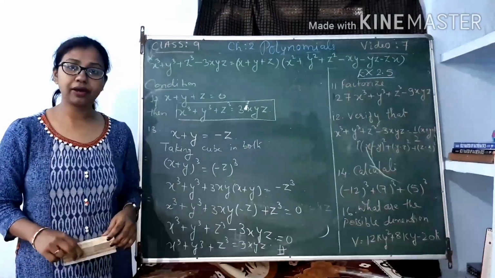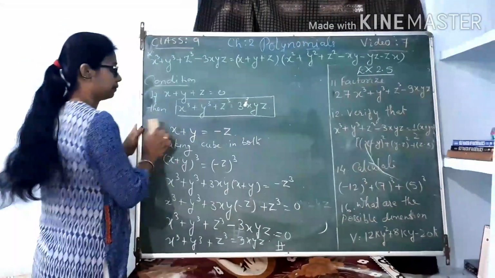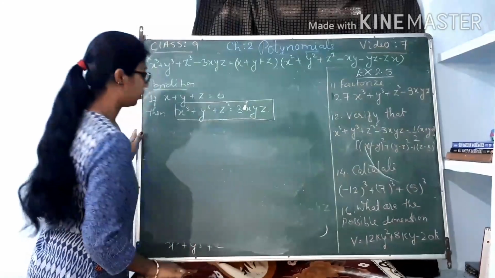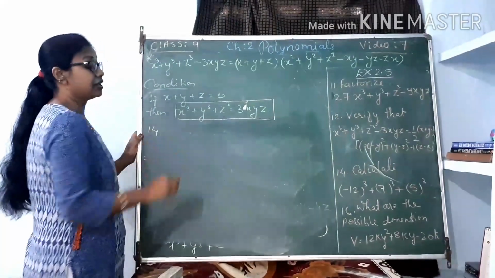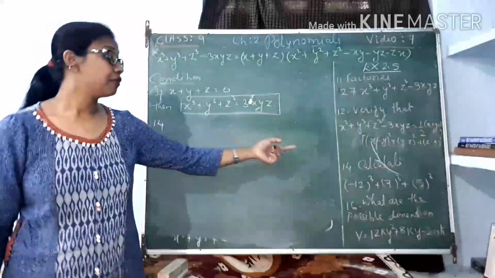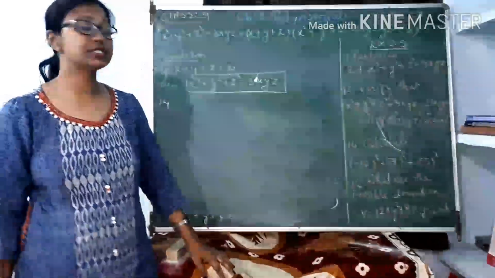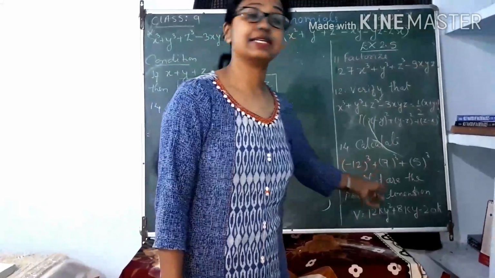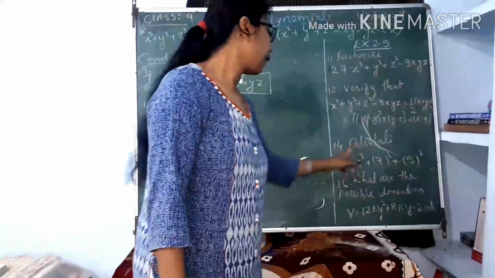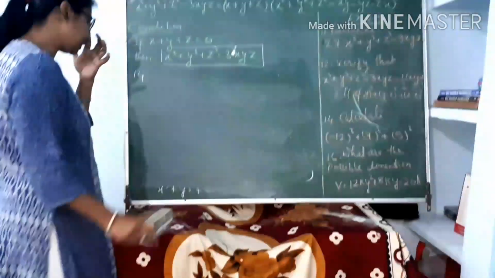Now check question number 14. Here we use this condition. The complete question was to calculate this without taking the cube or using a proper identity.